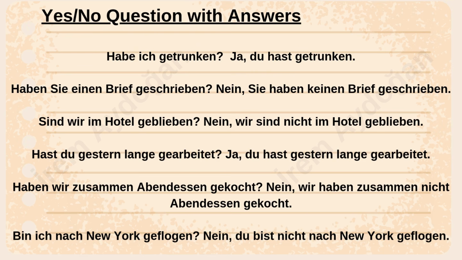I can say also, nein, du hast nicht getrunken. Haben Sie einen Brief geschrieben? Nein, Sie haben keinen Brief geschrieben, because I have in my sentences at the first part einen, so I use keinen instead of nicht.